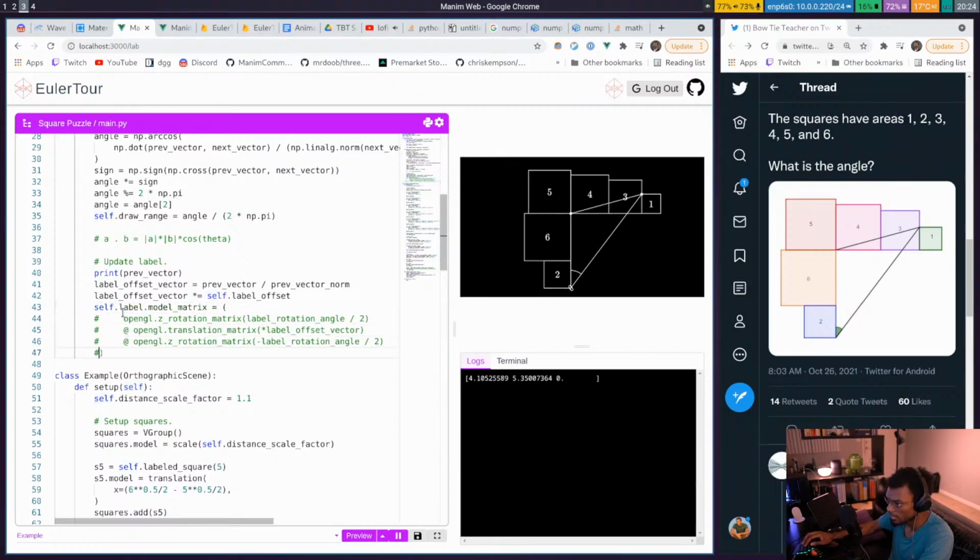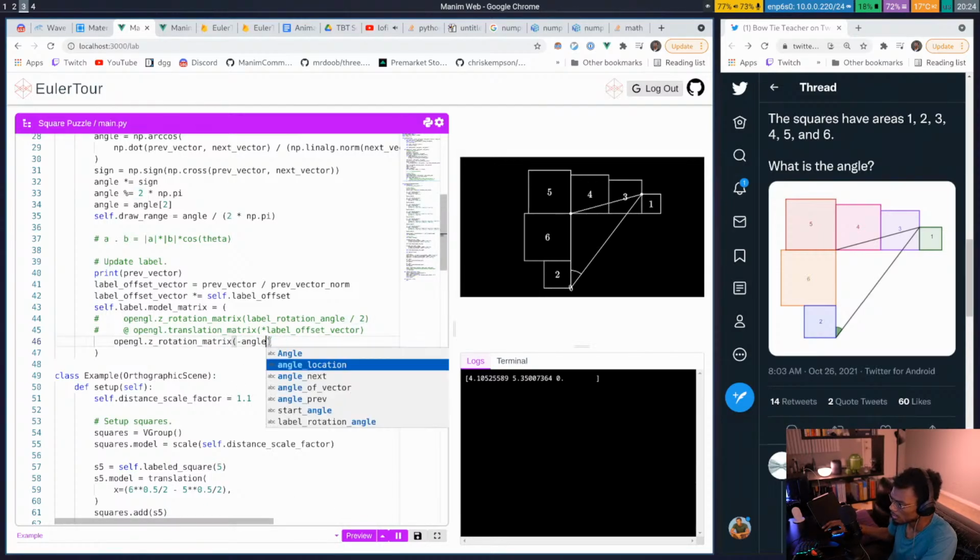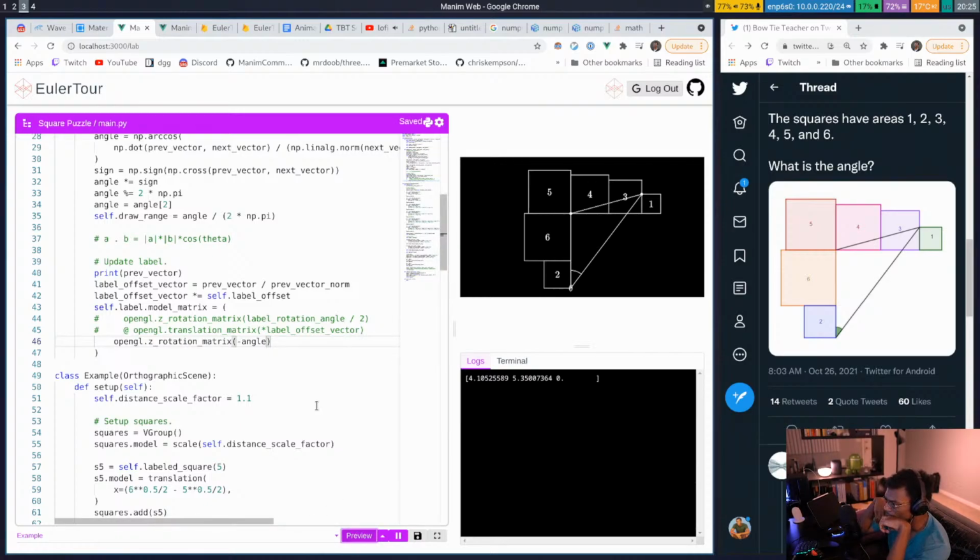So I'm going to do the first thing I did before and undo that rotation by angle. Okay.